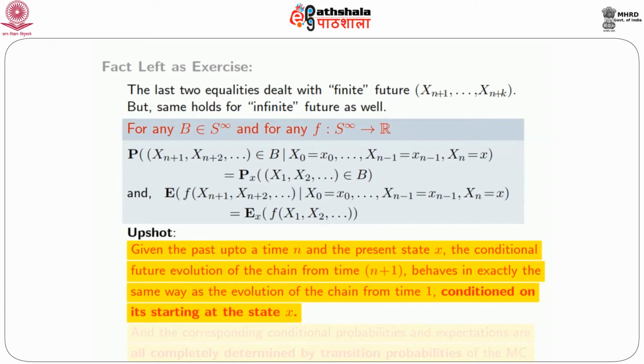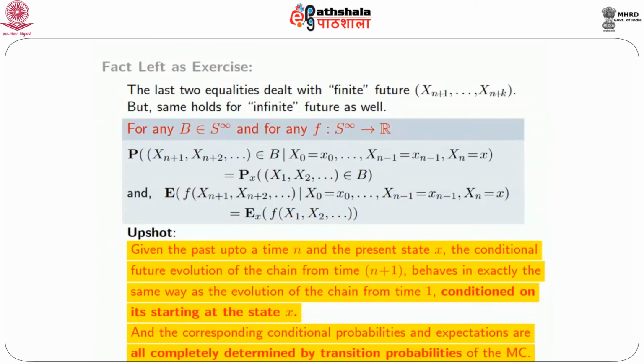Anyway, the upshot of all this is that given the past history up to a time n and the present state x, the future conditional evolution of the chain is exactly, it's not just one step or two step, the entire evolution of the chain in the future, conditioned on the past up to time n, is exactly as if it's the original chain, except that it's conditioned on starting at x. And the corresponding conditional probabilities and expectations are all completely determined by the transition probabilities of the Markov chain.